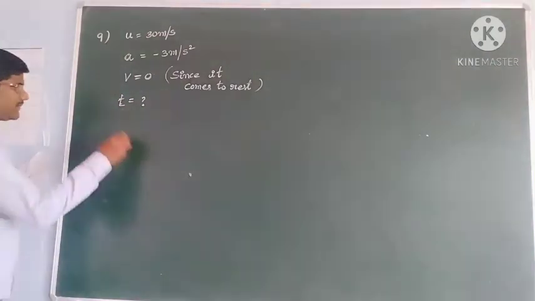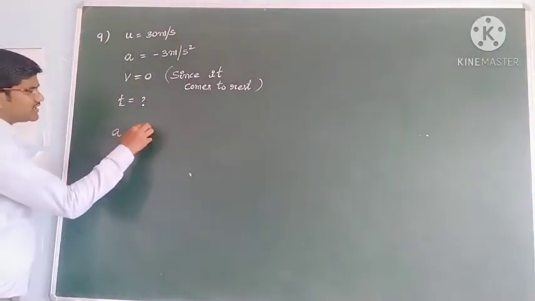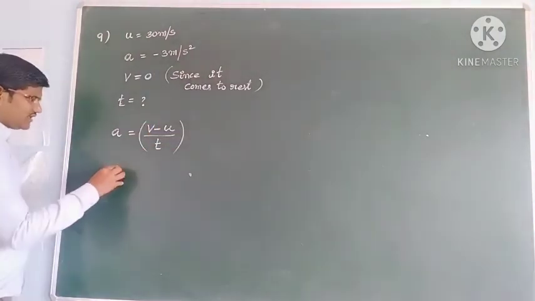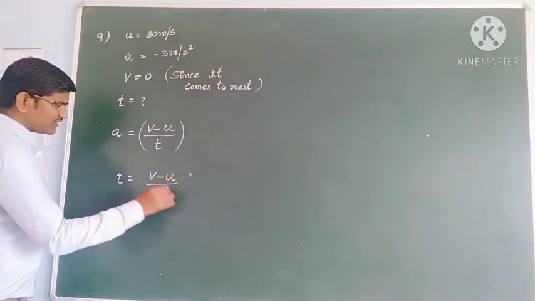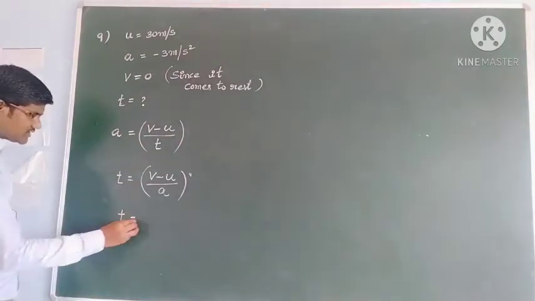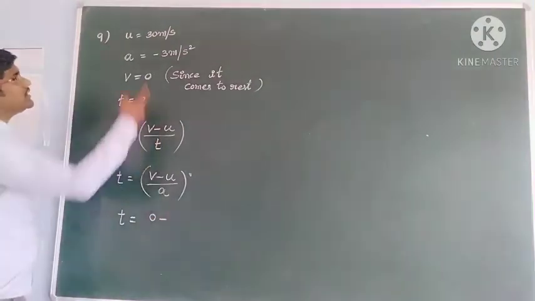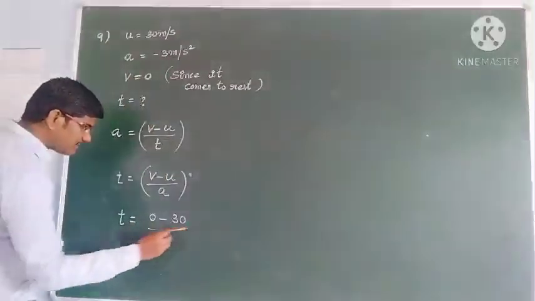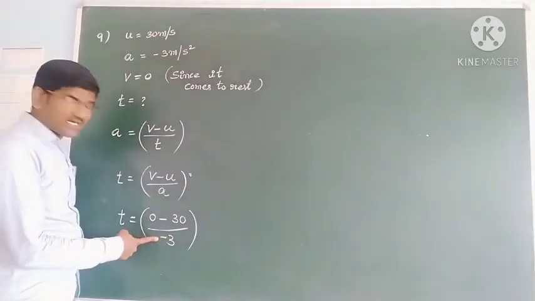Okay students, from the formula of acceleration, A is equal to V minus U by T. So T is equal to V minus U by A. Then T is equal to the final velocity 0, minus the initial velocity, which is 30, and the A value is minus 3. The negative sign indicates it's a retardation.